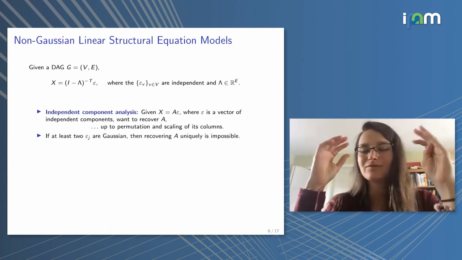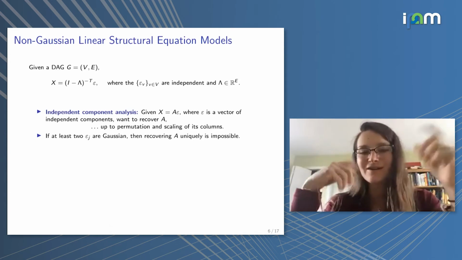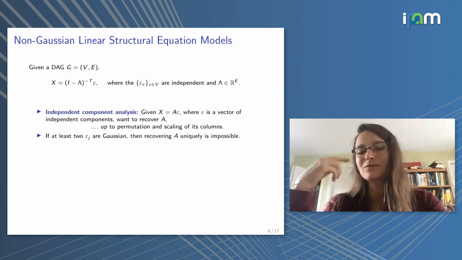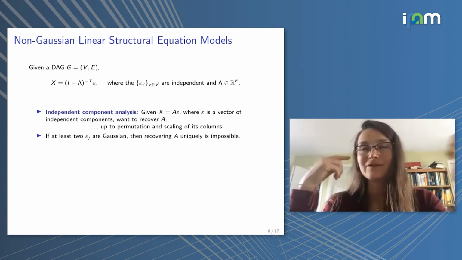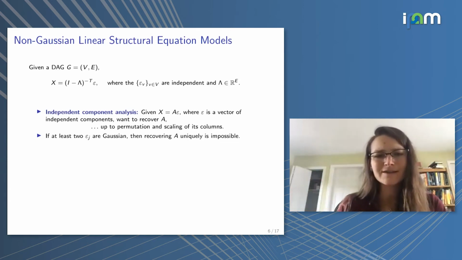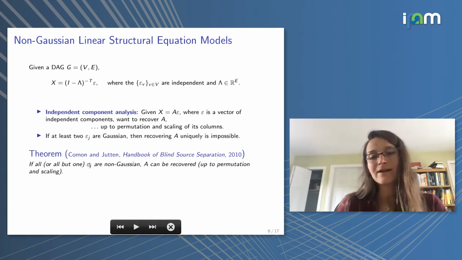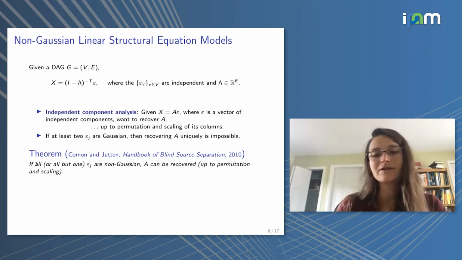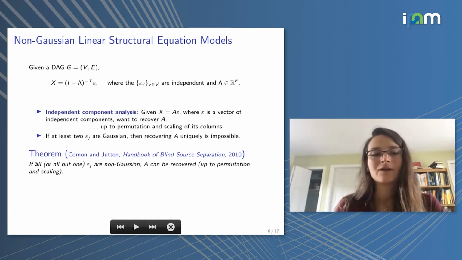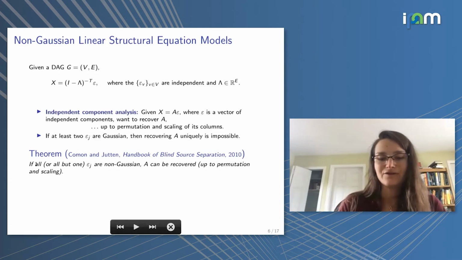There are a lot of different linear transformations of independent Gaussians that remain independent Gaussians. But if all but one of the epsilons are non-Gaussian, then A can be recovered uniquely up to permutation and scaling. So this is the very interesting part.